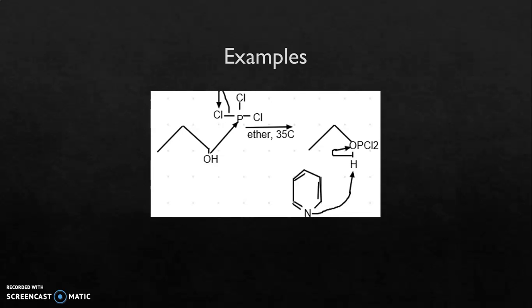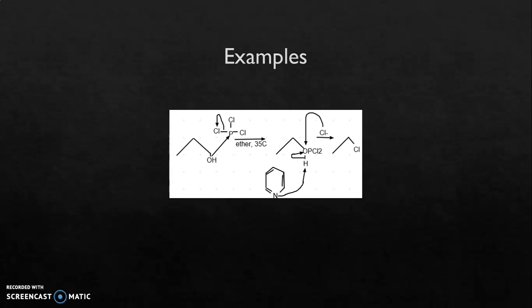We have our pyridine taking care of the hydrogen in these two reactions as well, whether it's PCl3 or PBr3. We're going to have the pyridine in there to take care of that hydrogen and have the bond collapse back onto the oxygen. Then the chlorine is able to come in and substitute the alcohol group. And there is our product.